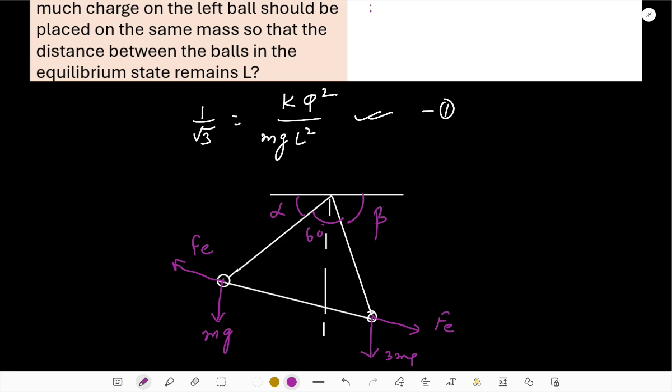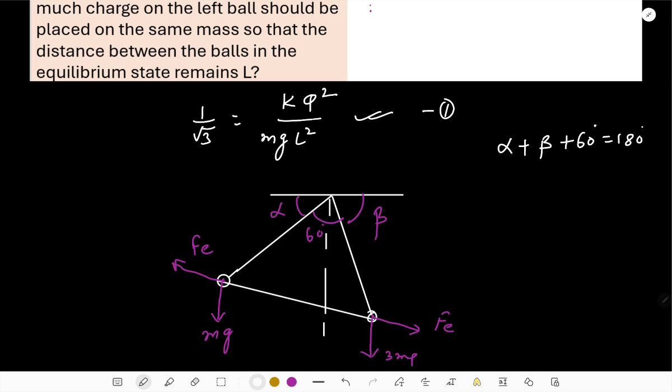We will need to find the angles alpha and beta, and the geometry of the figure doesn't provide any clue, because there are two unknowns, and we can only say that alpha plus beta plus 60 degrees is equal to 180 degrees and nothing else.